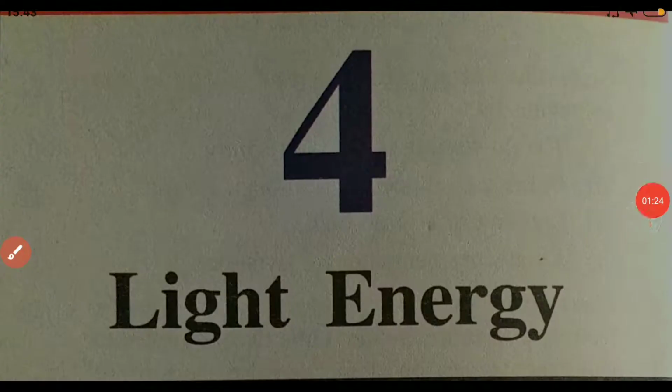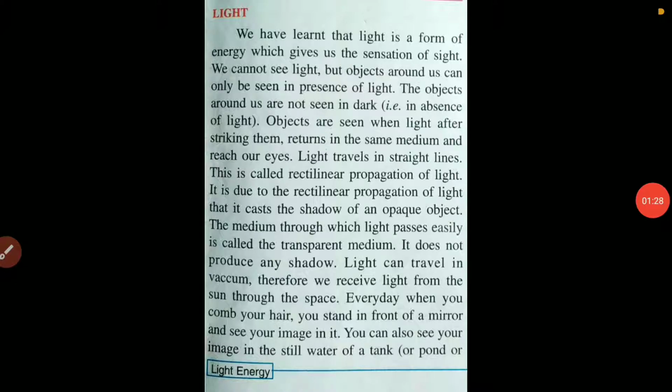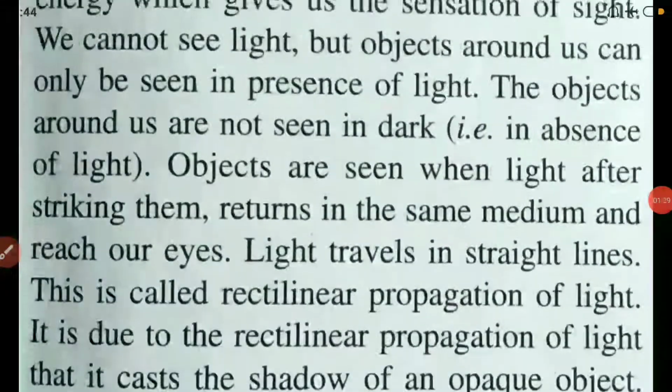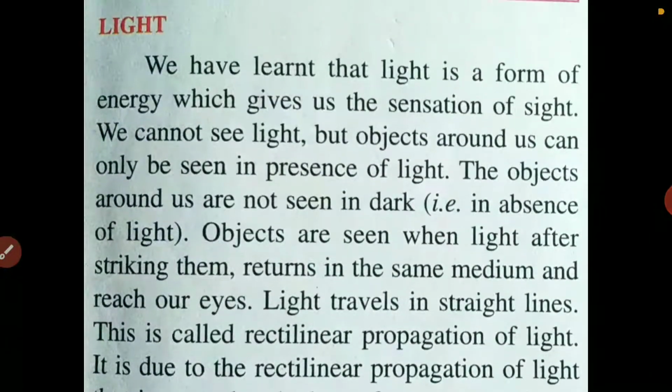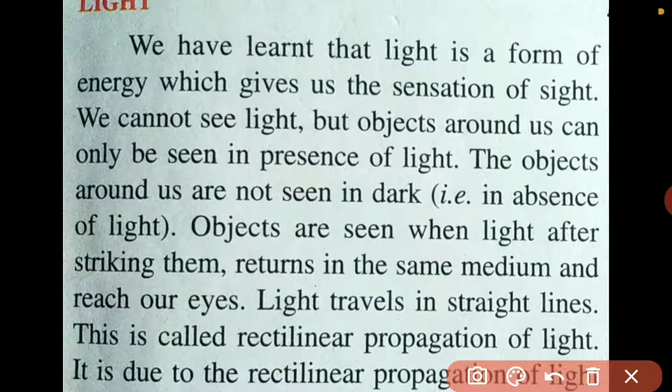Okay, let us go to page number 51. We have come to page number 51 and we are dealing with light. We have learned that light is a form of energy which gives us sensation of sight. In class 6 we must have studied sensation, where we have 5 sensations.